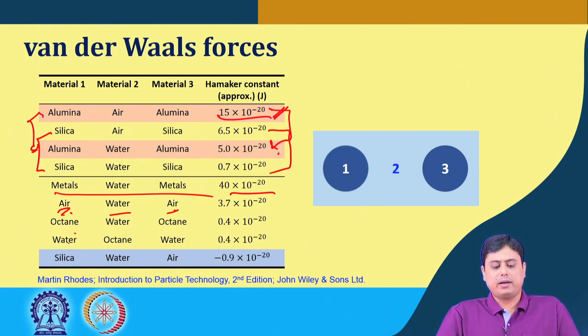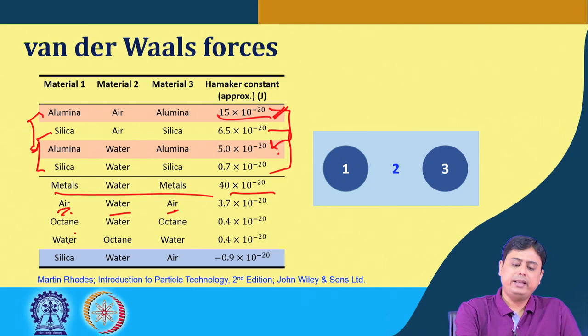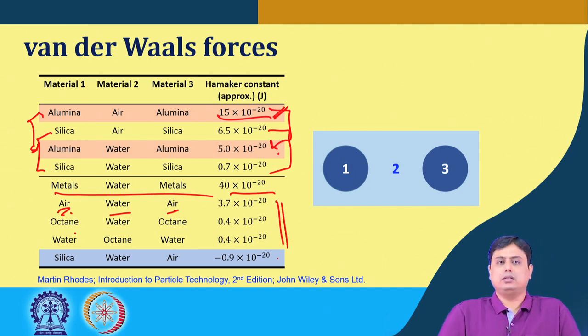That is why the Hamaker constants are listed here as well, to give you an idea of their strength between, say, air bubbles in water, or the oil in water emulsion and water in oil emulsion.